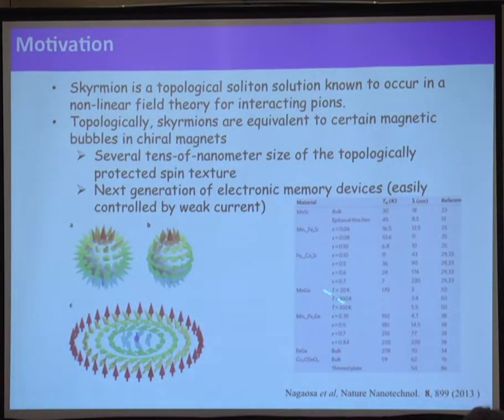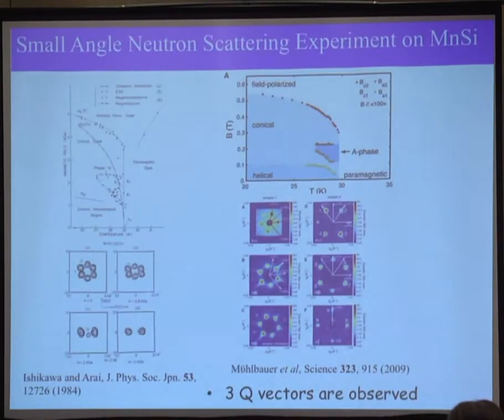Here is a figure I cut from the latest review article on the various interesting materials. As I mentioned, I'm going to focus on the magnetic silicide and also the magnetic germanium. On the magnetic silicide, I briefly discuss the neutron scattering data, an early paper where you cut the phase diagram and do the cube map, and more recent data from this paper.